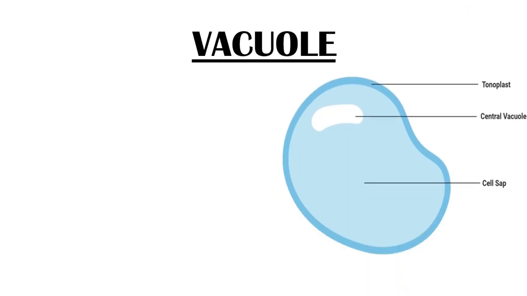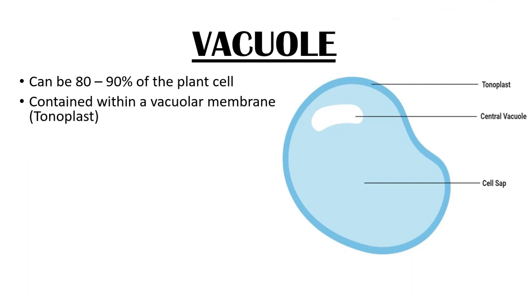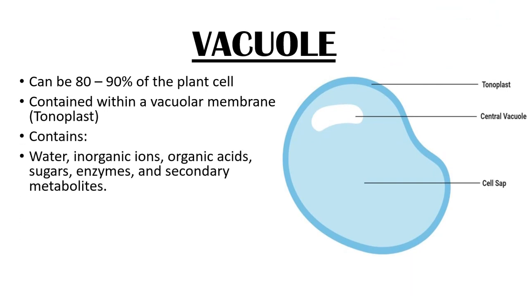The next important part of the plant is the vacuole. Vacuole can be 80 to 90% of the plant cell, or we can say that it is the largest organelle of the plant cell. It contains a membrane called tonoplast. It contains many things like water, inorganic ions, organic acids, sugars, enzymes, and secondary metabolites.